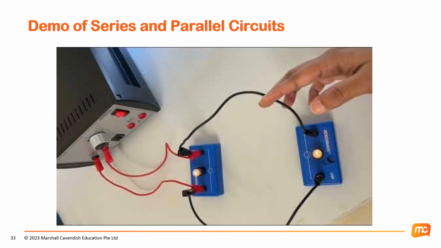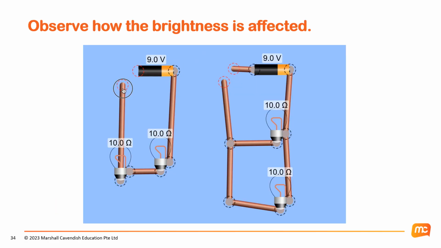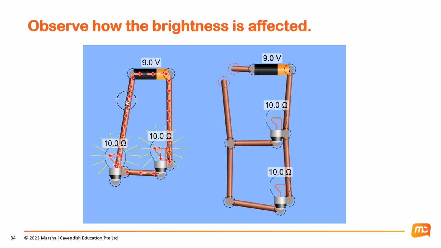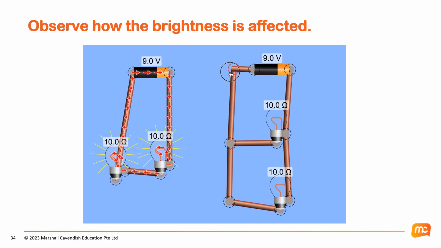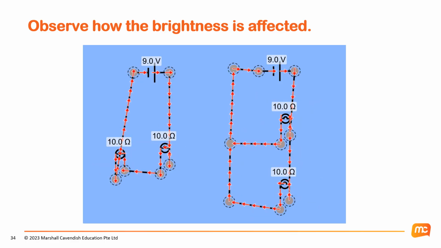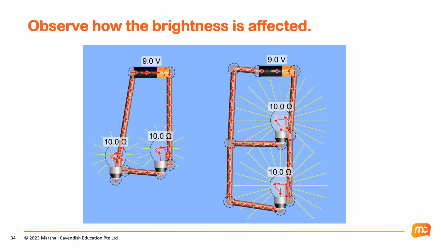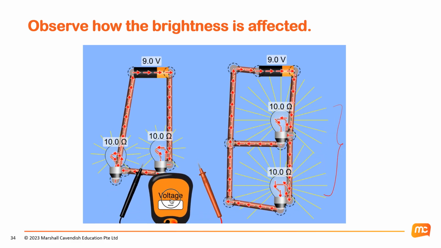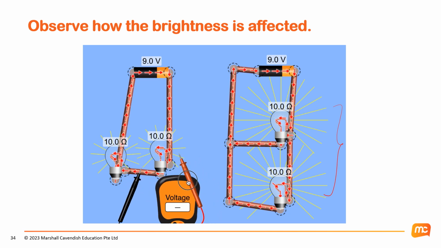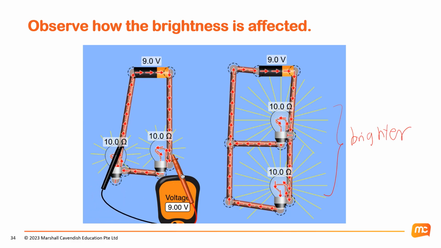Okay, you can watch this video yourself. So observe how the brightness is affected in a series versus a parallel circuit. You will notice that the parallel one is brighter because the EMF measured is greater, brighter than if it was placed in series.